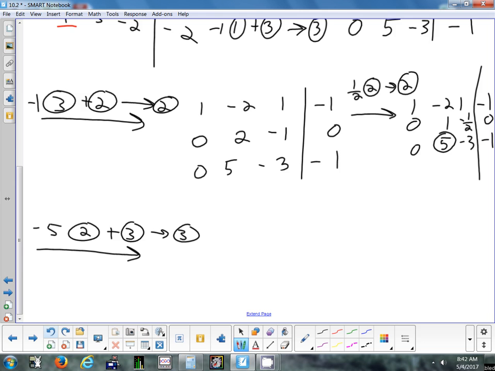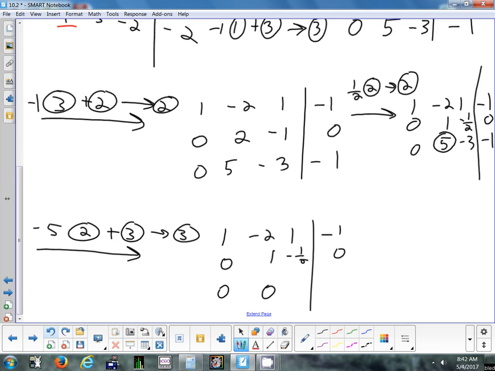So, keep top row the same. Keep the second row the same. And now the third row. Well, if I do -5 times anything that's above it and add it to what's below it, I'm still going to get 0. What's 1 times -5? Plus 5? 0.